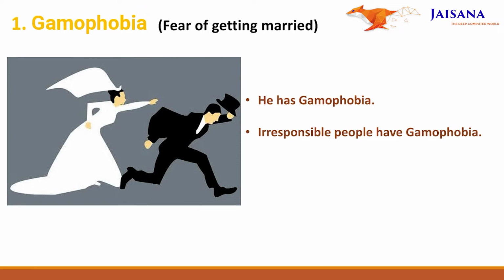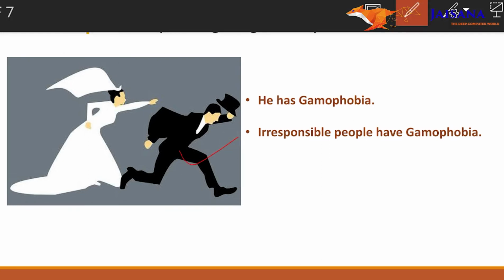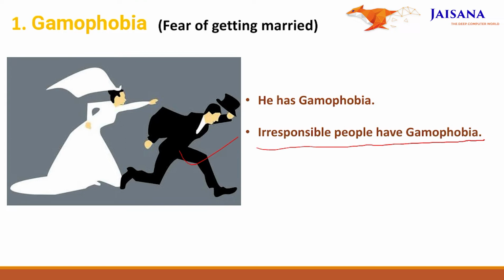The first sentence is: he has gamophobia. On the other side, irresponsible people have gamophobia, meaning someone who has a phobia or fear that he can't manage all the things after marriage, like he can't handle married life and official life.